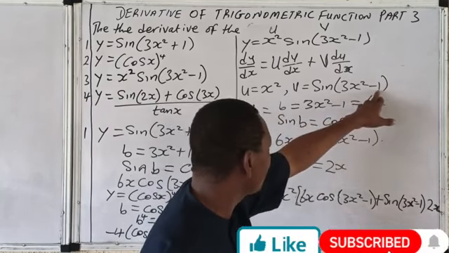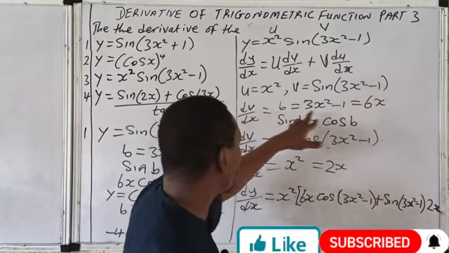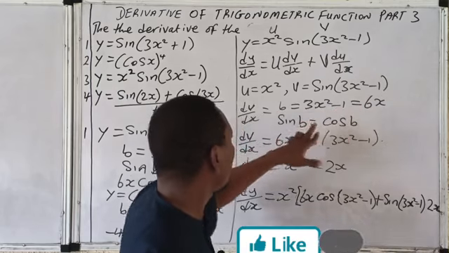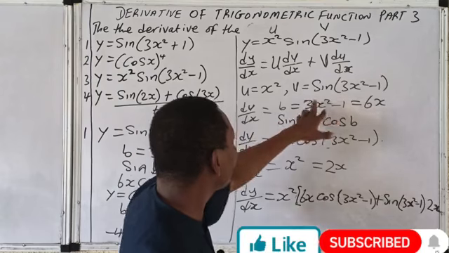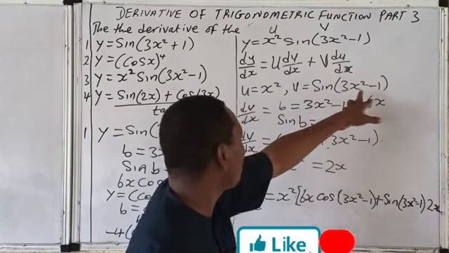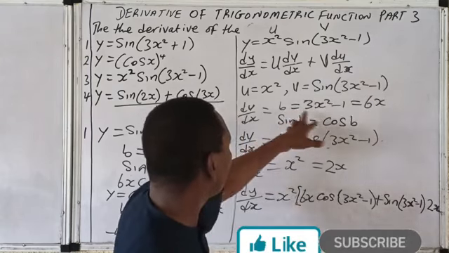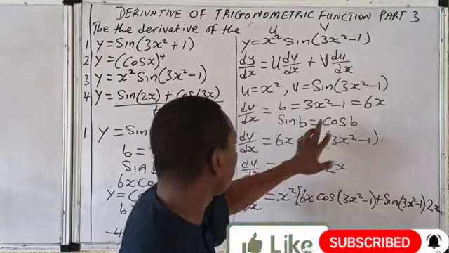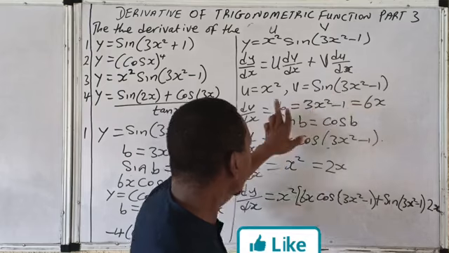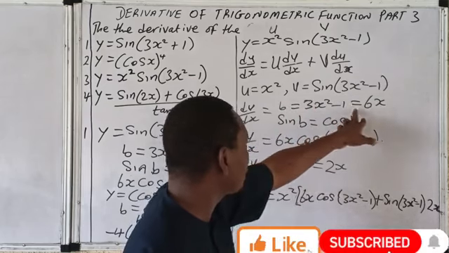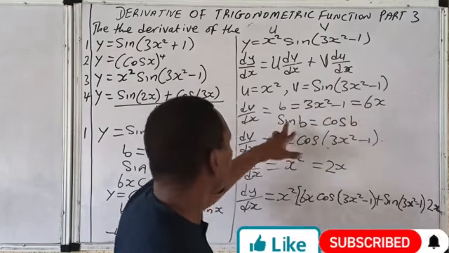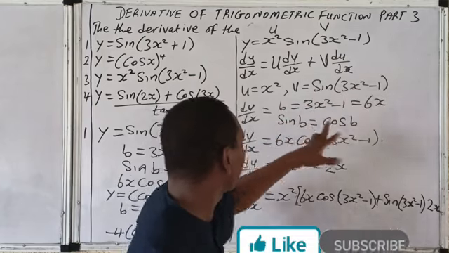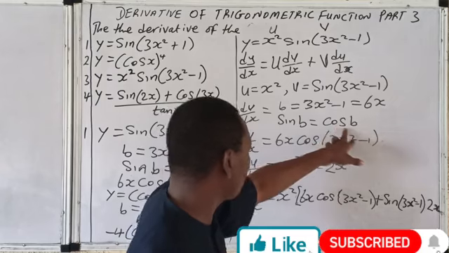I made this inside equal to b. Then this automatically becomes sine b. So b is this and sine b is this. I differentiated b, we have this. Then I differentiated sine b, I have cos b.